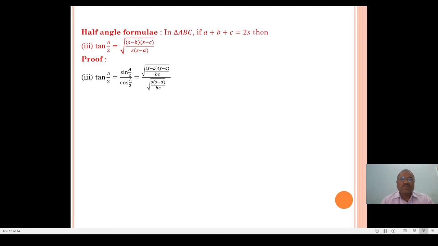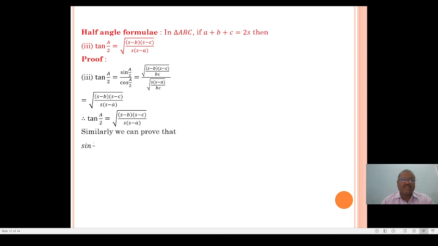Sin A by 2 is root of (s minus b) into (s minus c) upon bc, and cos A by 2 is root of s into (s minus a) upon bc. So the denominators of both are the same, so we cancel that and we write all terms in square root. So we get root of (s minus b)(s minus c) upon s into (s minus a). Therefore tan A by 2 equals under root of (s minus b) into (s minus c) upon s into (s minus a).